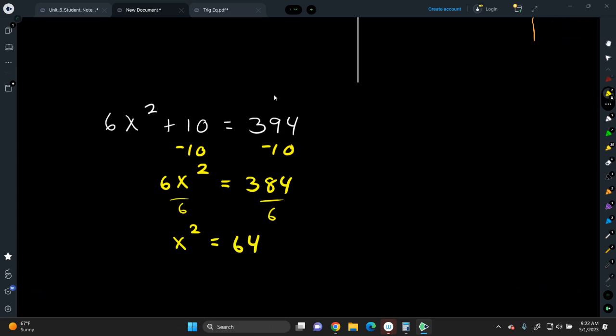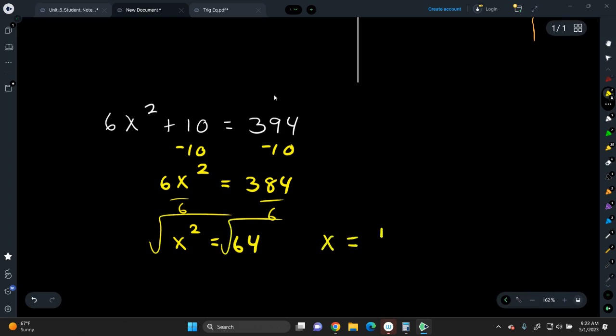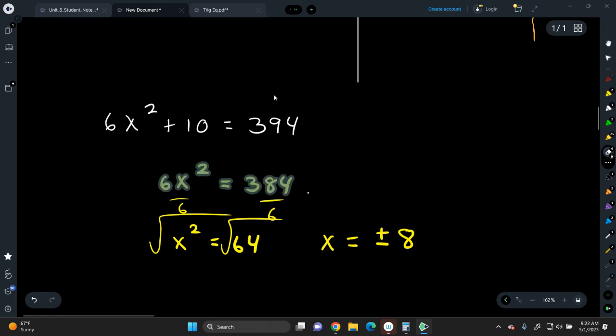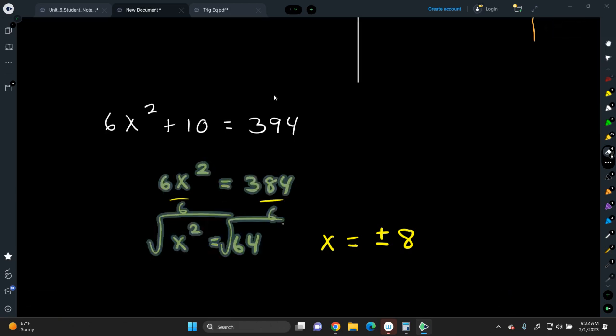And then square root both sides. So x equals plus or minus 8. By the way, I would get the same answer if I used the quadratic formula.